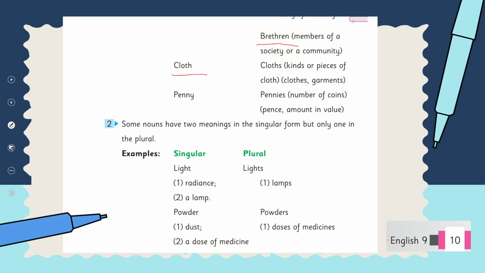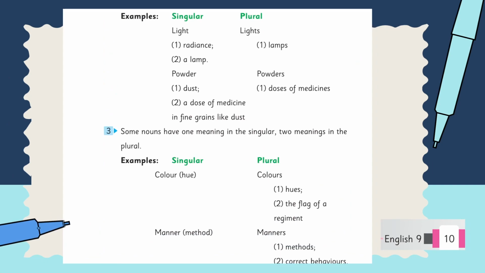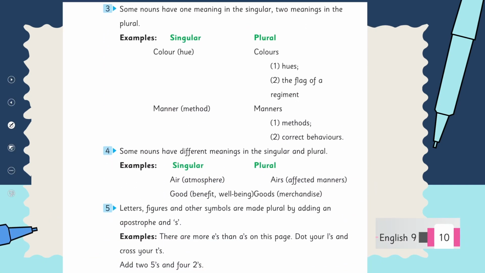Cloth, penny will be pennies. Some nouns have two meanings in the singular form, but only one in the plural. Light will be lights, and all these are exceptions. Now, at number 3, we have some nouns that have one meaning in the singular, two meanings in the plural.